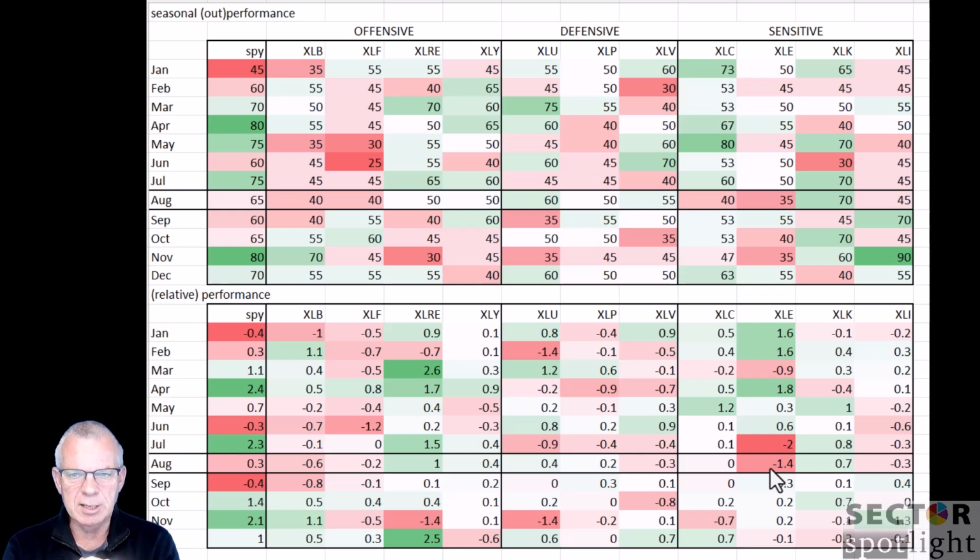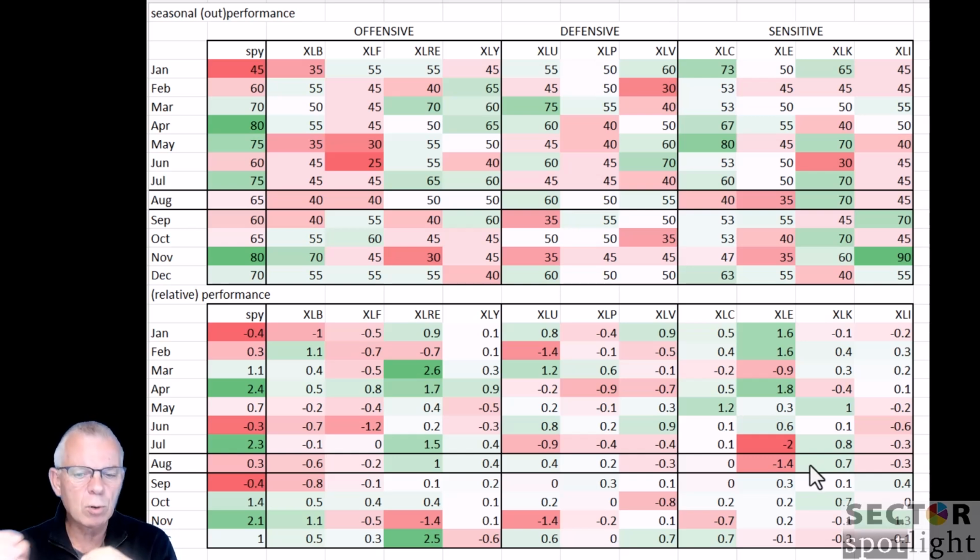On the opposite side, and it's interesting that it's in this group of sensitive sectors, this is kind of a mixed bag. They don't fit into offense, they don't fit into defense, and they're mixed among each other as well. So here you've got technology outperforming the S&P 500 70% of the time in the month of August, and the average return is 70 basis points over SPY.